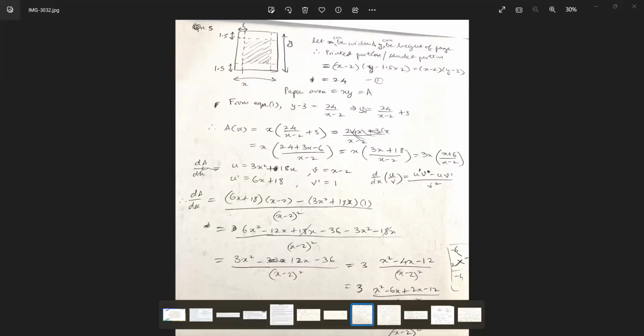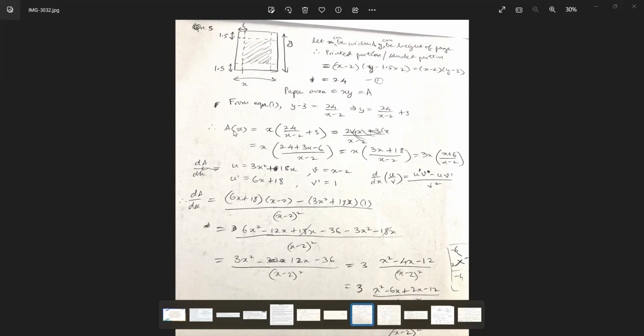Now the paper area is x into y. Now I am going to write the area just in terms of x. So using this first relation, we have y minus 3 is equal to 24 divided by x minus 2. Therefore, y is equal to 24 by x minus 2 plus 3.